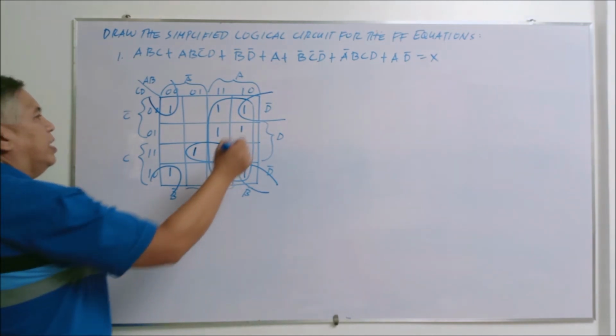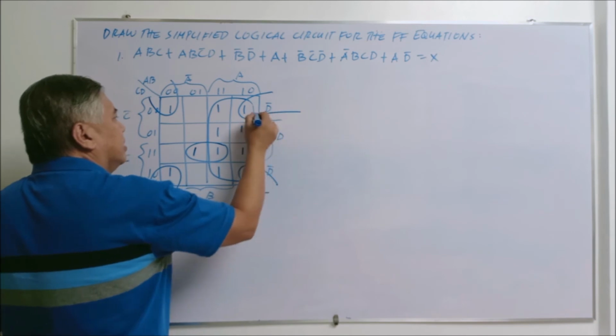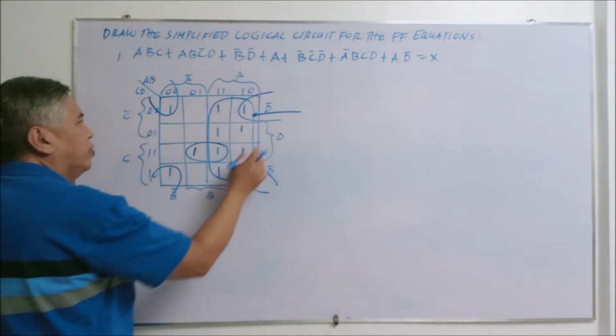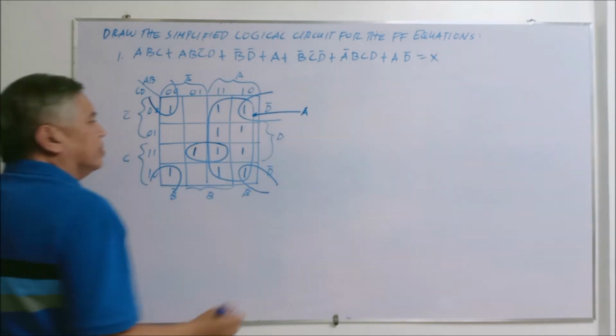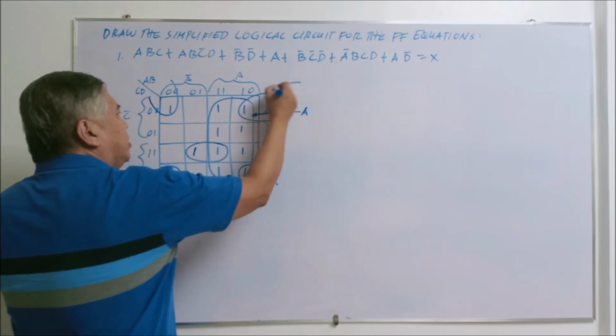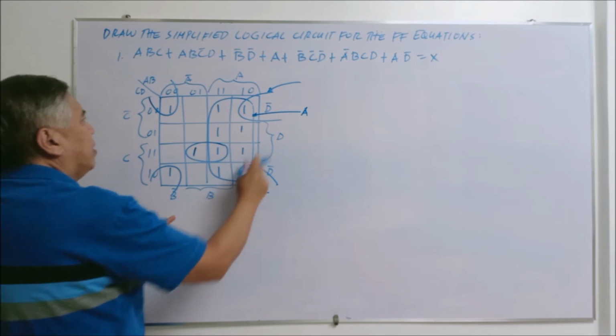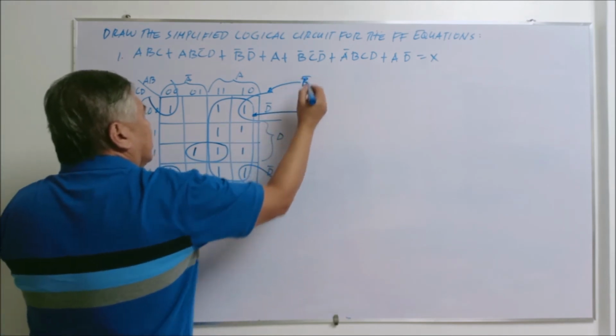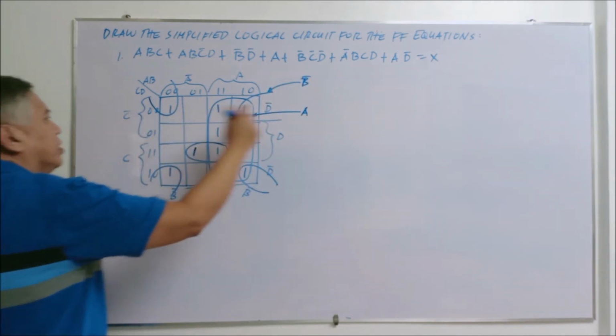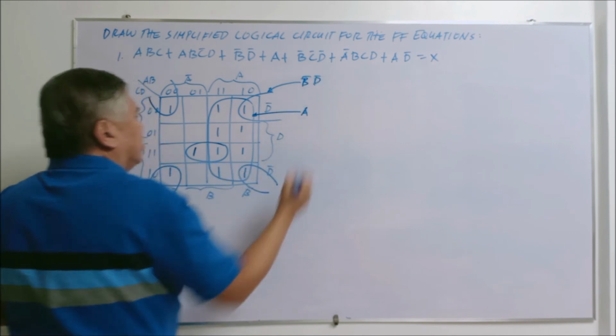So for these 8 adjacent cells, this belongs to A. And these 4 adjacent cells belong to B bar, and at the same time belong to D bar. Okay?